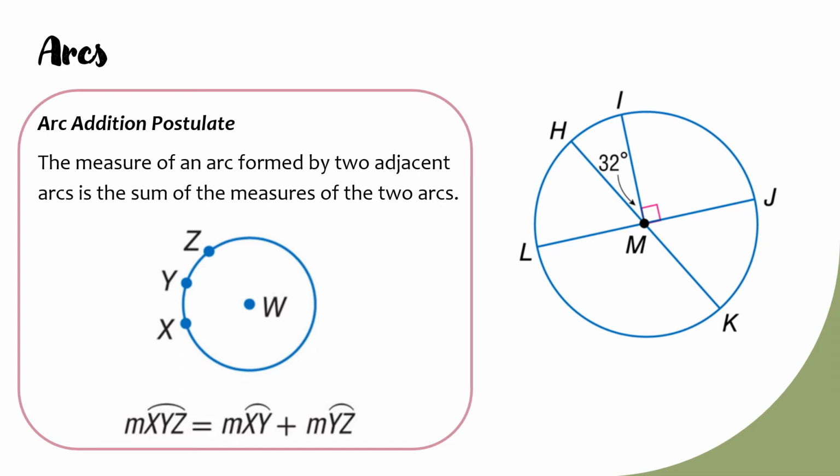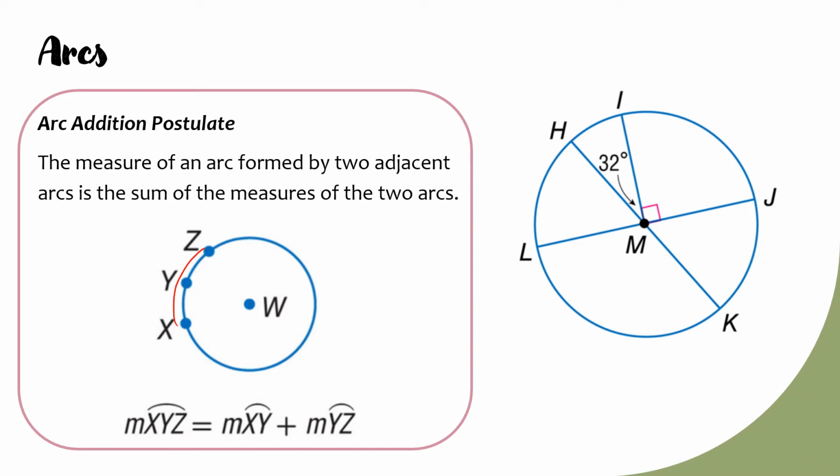So our arc addition postulate says if we've got a bunch of arcs that are adjacent, so that's key here, they need to be adjacent, then the sum of the measures of the 2 arcs forms the larger arc. So we've got, let's call this arc XYZ. Now we're naming it with 3 letters.